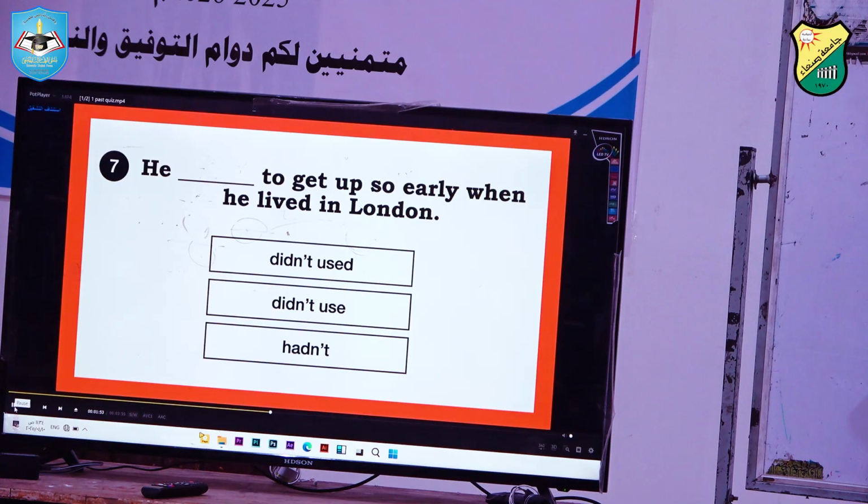So the answer is, okay, why didn't use? It is a habit. It was his habit there. It was a habit. I will explain it in detail, okay?